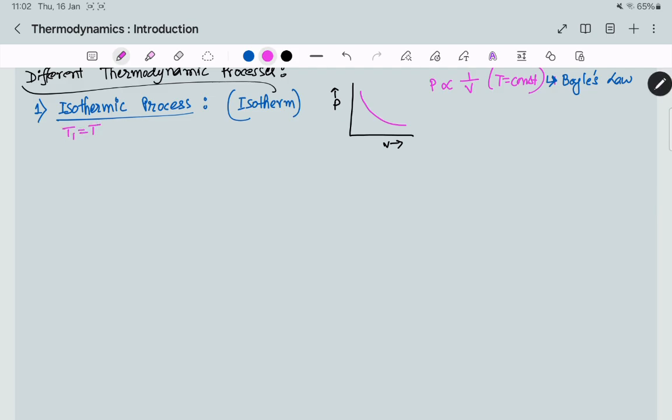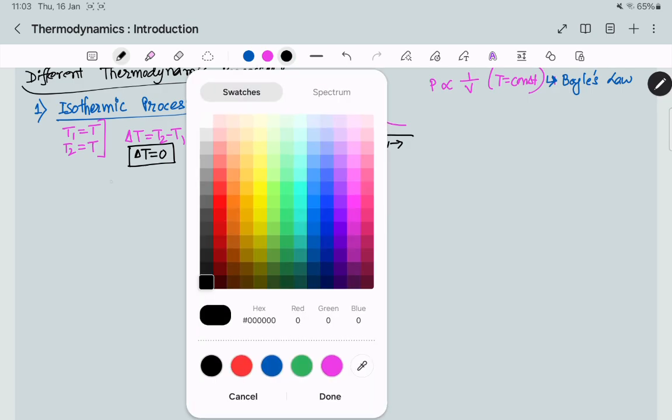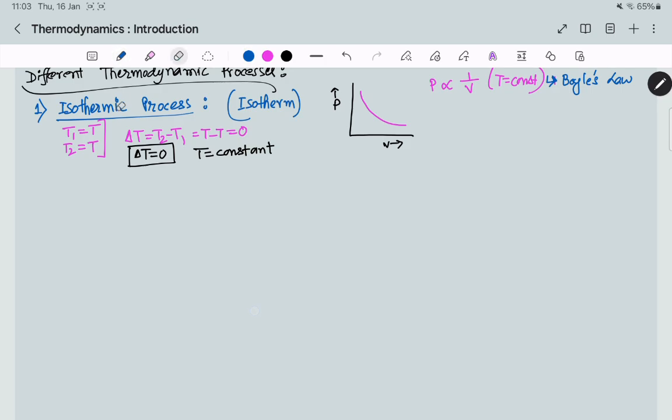T1 is also T and T2 is also T. So delta T will be T2 minus T1, which is T minus T equals 0. So in short, delta T equals 0 or T equals constant for an isothermal process.